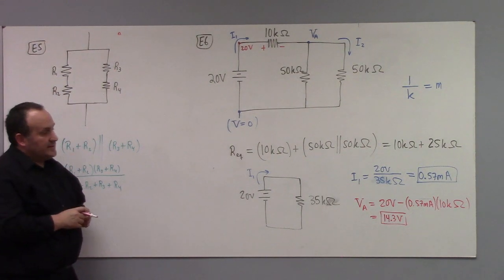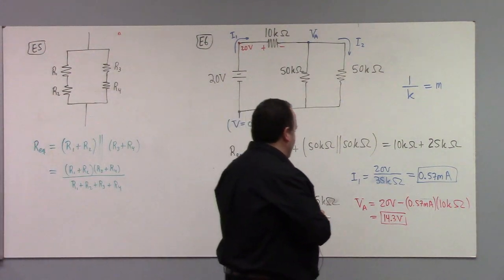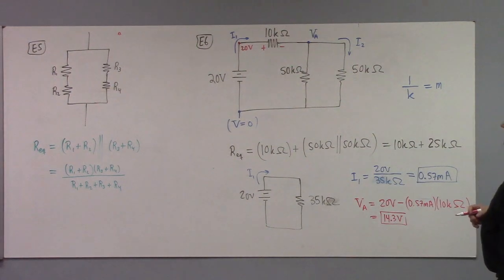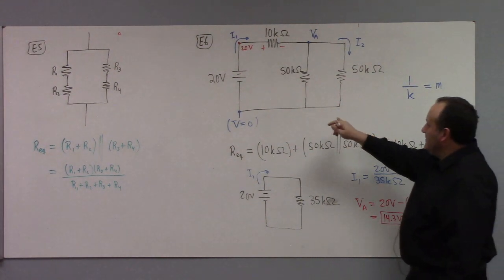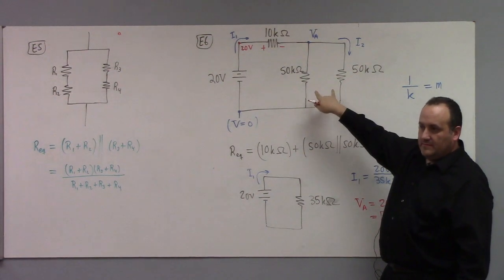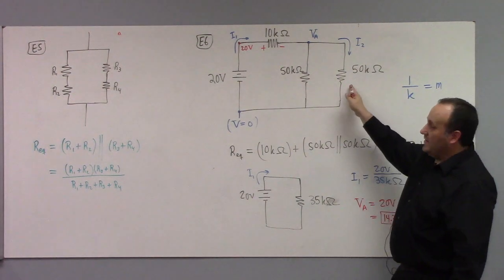I2, well, what's I2 going to be? 0.285. Oh, man, you're right. Duh. Since these resistances are equal, the current's halved. By symmetry, half the current has to go here, half the current has to go there.